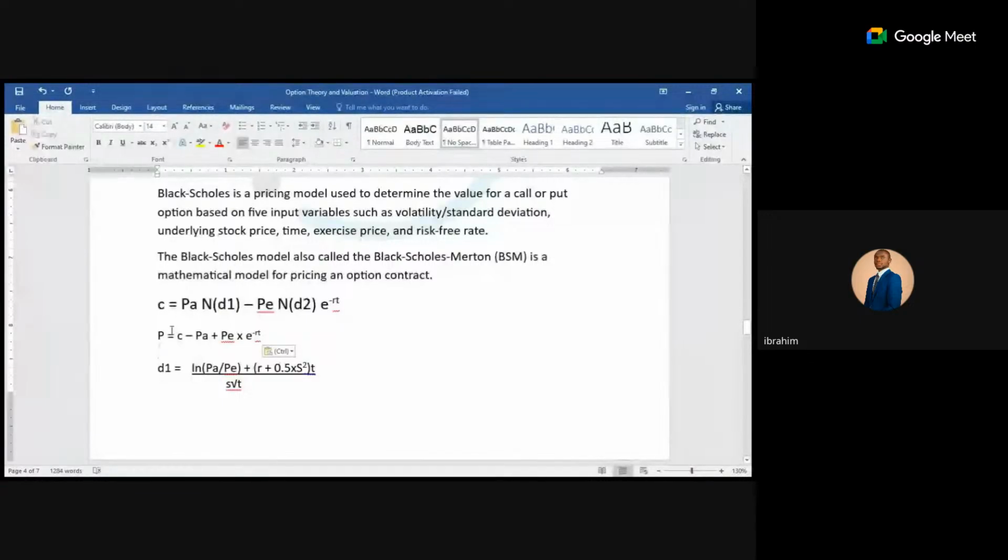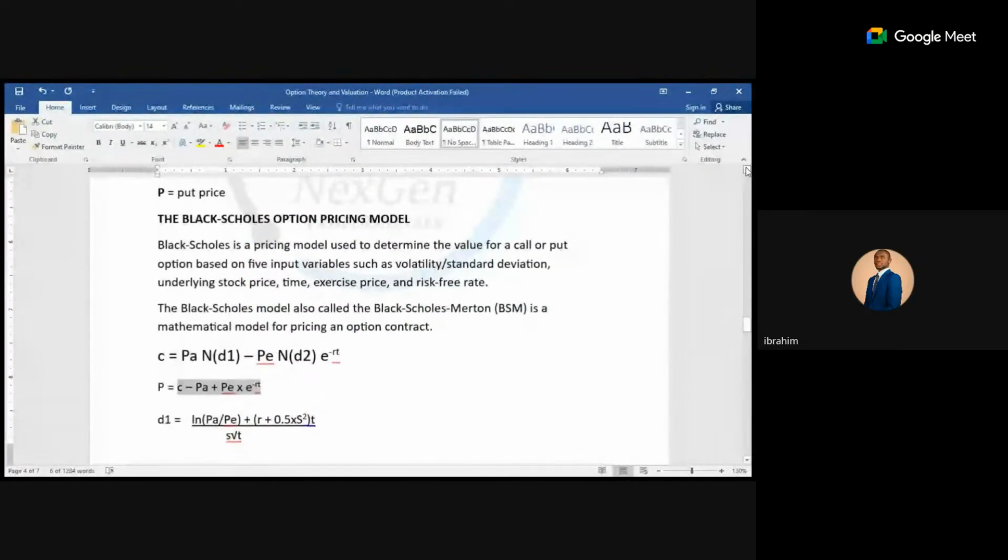So you can use this to determine the value of a put option. The value of a put option you calculate is the put option premium at maturity.